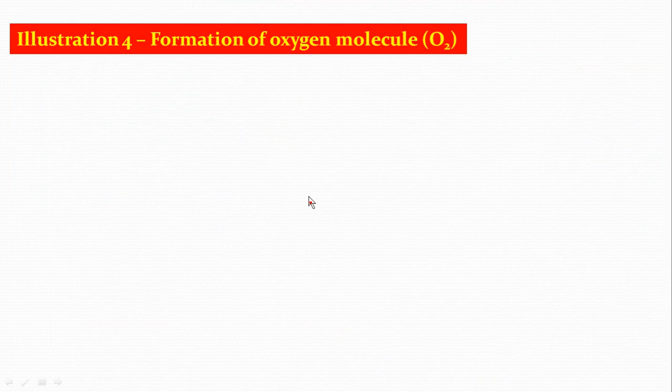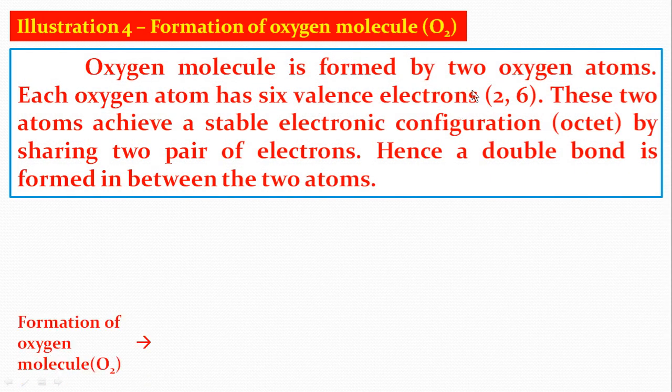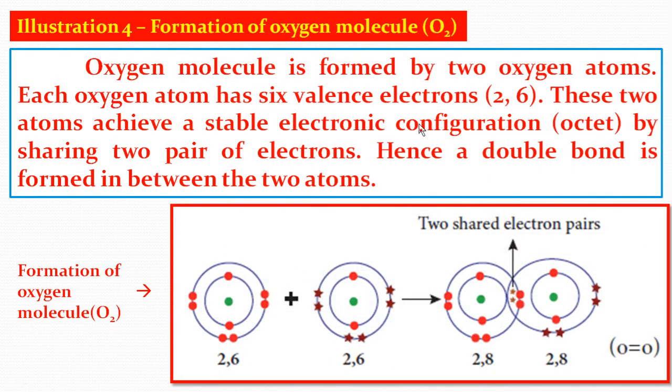Now come to the next example or illustration, the formation of the oxygen molecule. Oxygen molecule means O2, with 2 oxygen atoms. So come to the picture. Oxygen has atomic number 8. So how to write the electronic configuration? 2, 6. So the outermost shell contains 6 electrons: 1, 2, 3, 4, 5, 6.